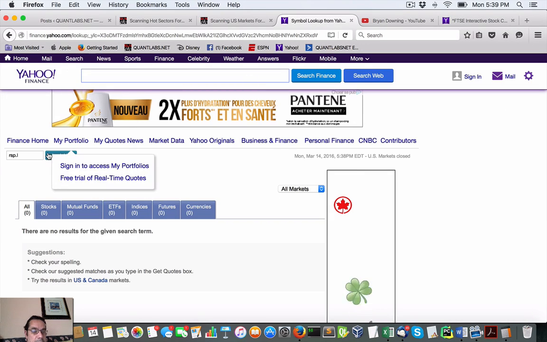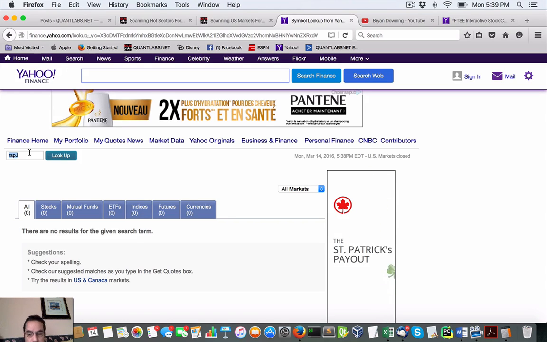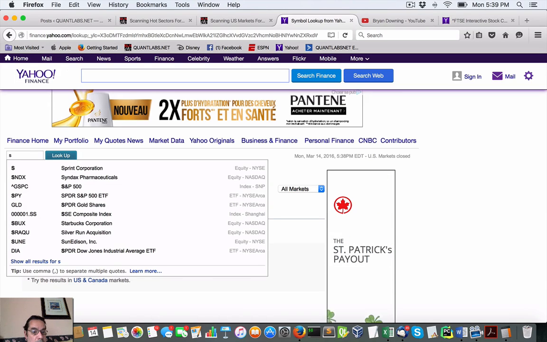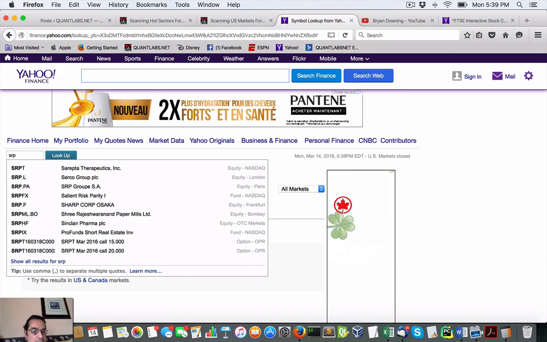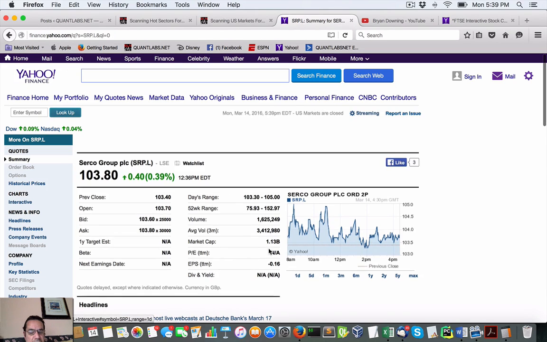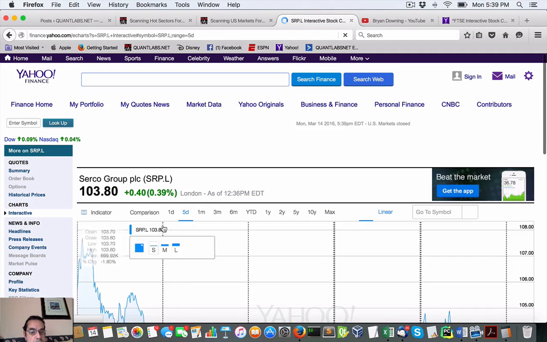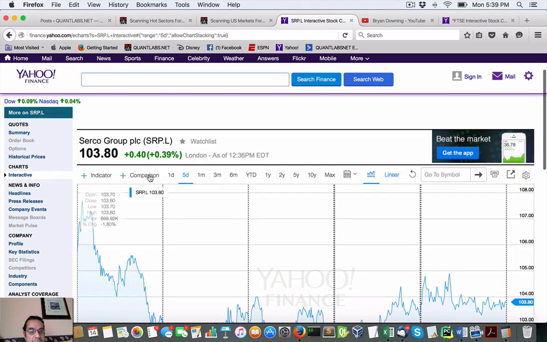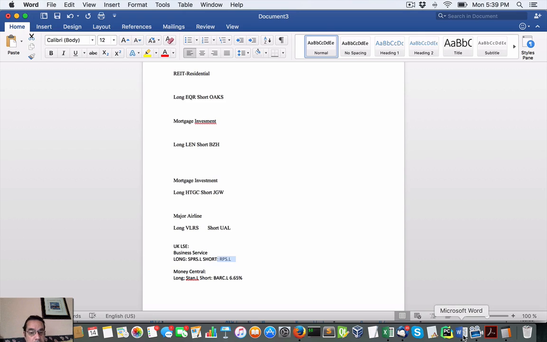Let me reload that other chart. SRP, Circle, that's the one we want. I'm going to load up the 5-day chart. We want to do a comparison of our short, which was RPS.L.